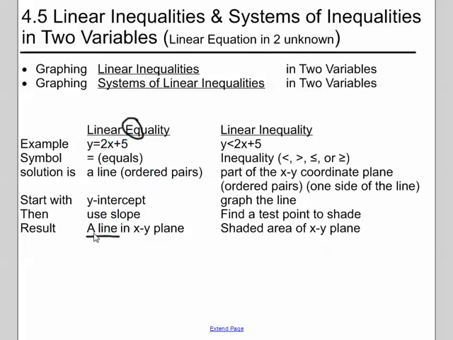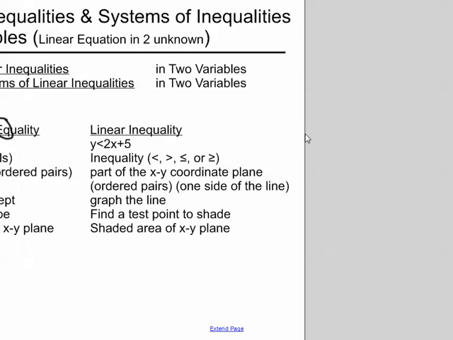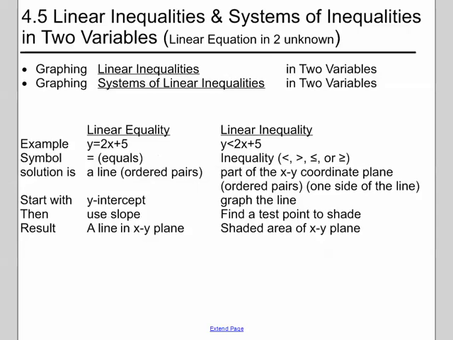Now if we take a look at a linear inequality, I think my ink kind of disappeared. If we're talking about equalities, we've got an equal sign, and we get a line.